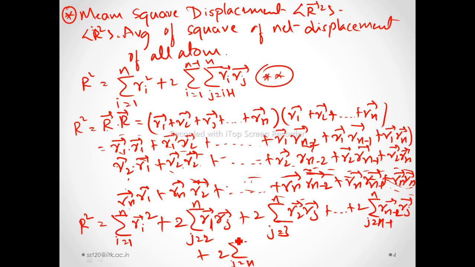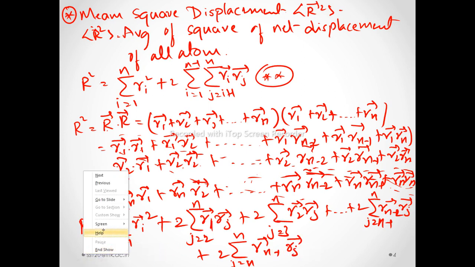j equal to n, n to n, n minus 1 to Rj. Okay. Then after this we summarize to reduce.